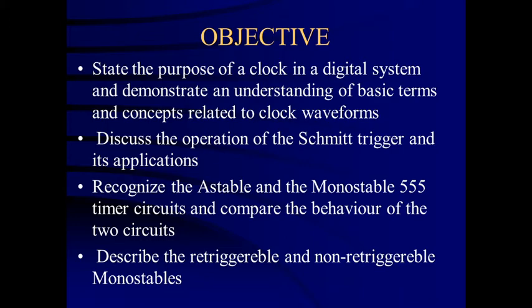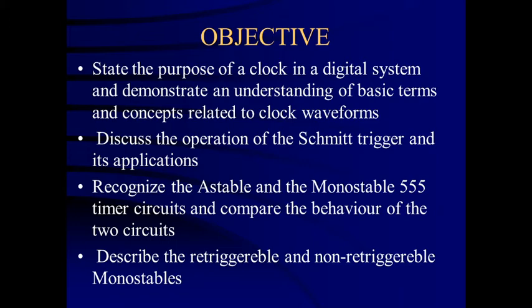Schmitt trigger is another very important circuit which converts a ragged or noisy signal into a perfect clock waveform or a train of pulses. That's why it can be utilized as a clock waveform for any digital system. That's why Schmitt trigger is that important.